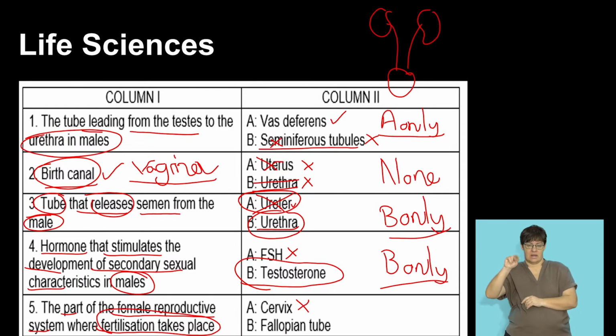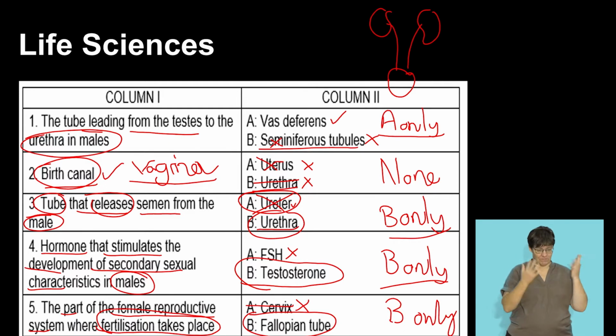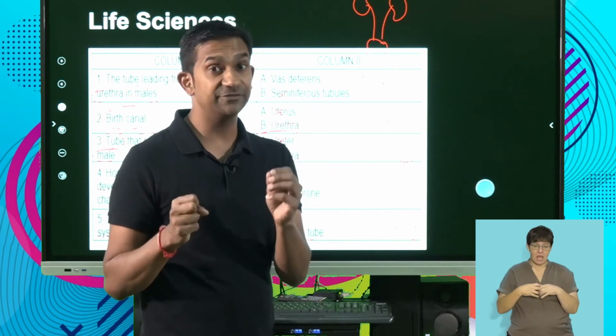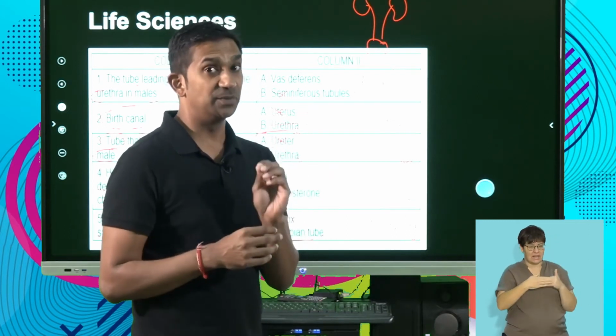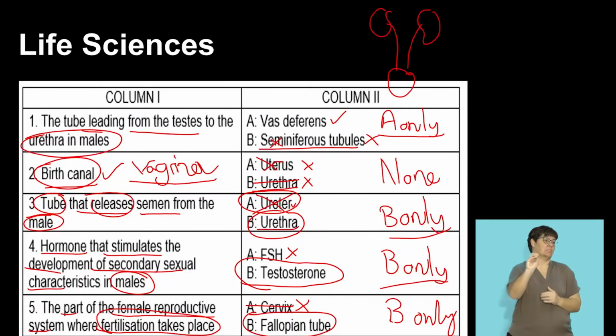The cervix is the opening between the vagina and the uterus, so it's certainly not that, but it's definitely the fallopian tube, and we have the option B only come up again. Well done if you were able to get these. As I said, it does take a little while, and it's important that you read these options carefully and understand that you're making the correct decision and not a rushed decision.